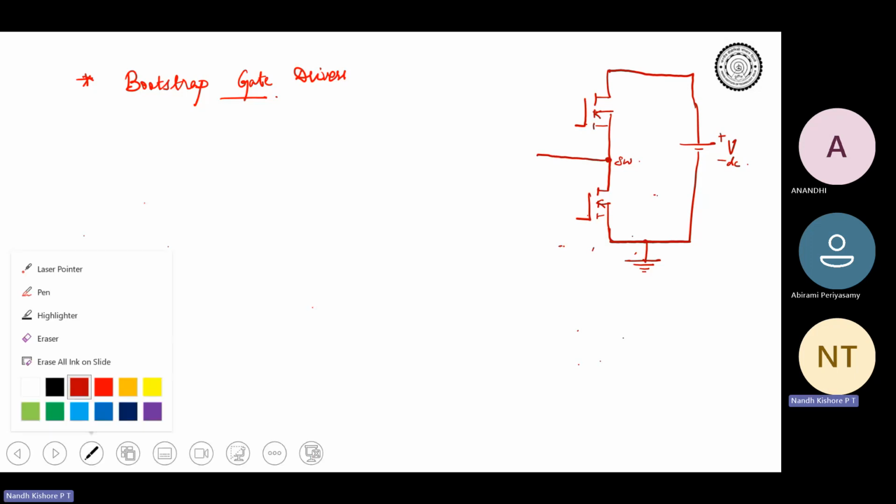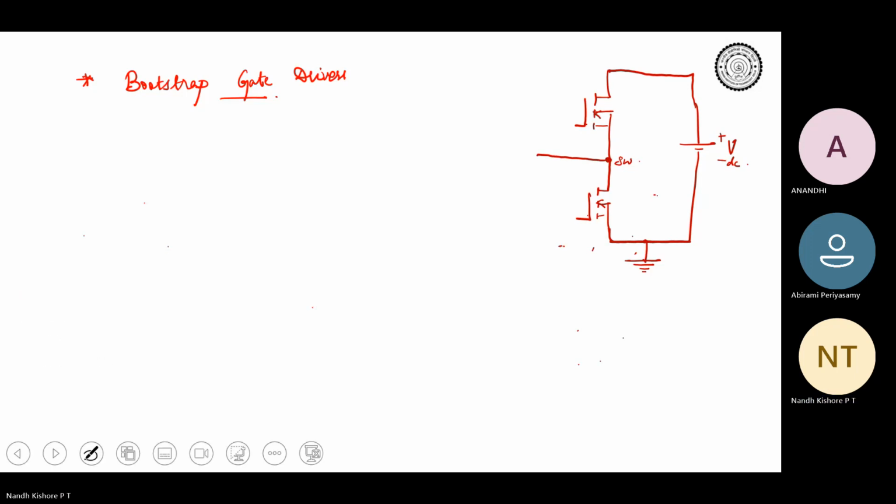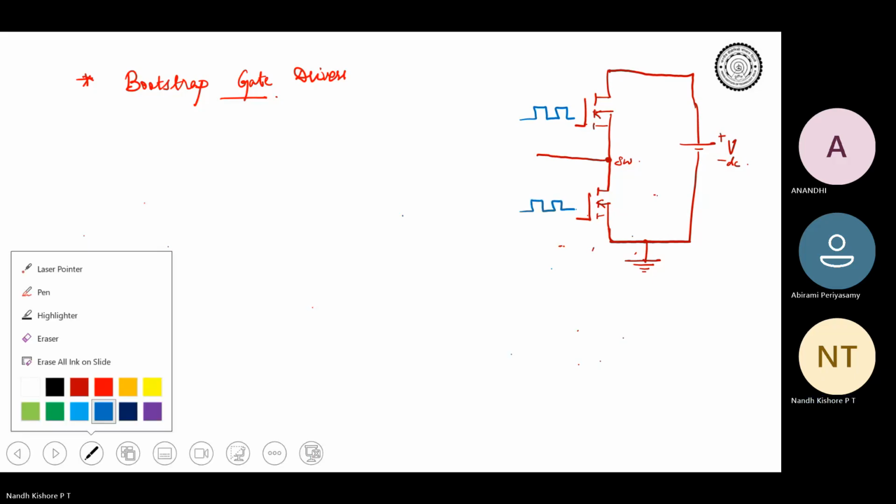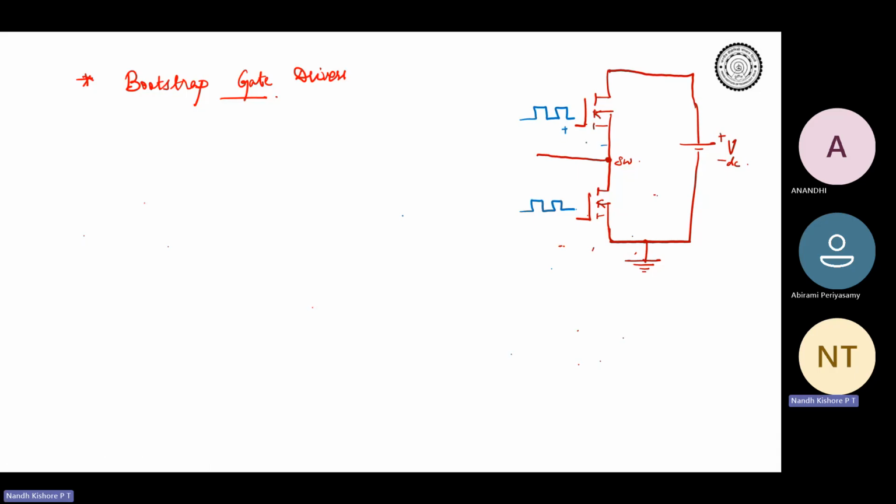So we give complementary pulses to both the devices. For the top device, this is VGS1, and this is going to be VGS2. Since we are having complementary switching, we are going to get something like this.